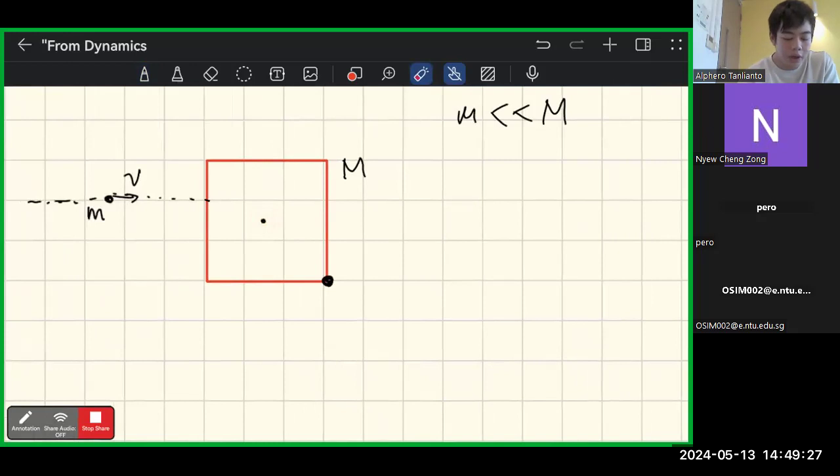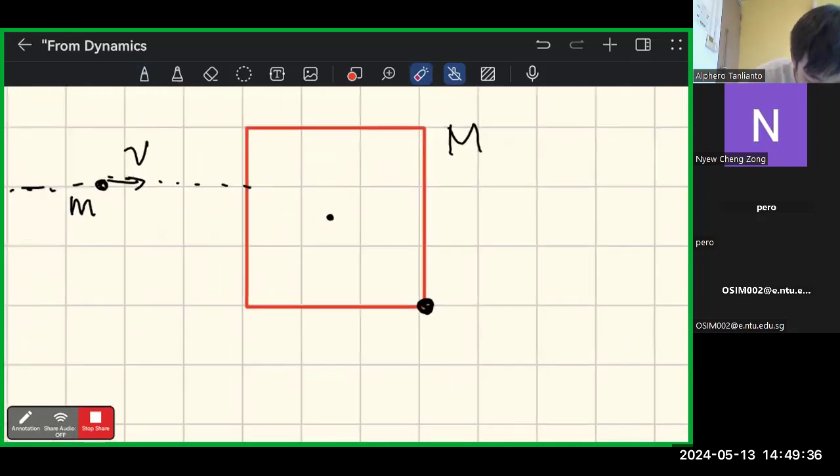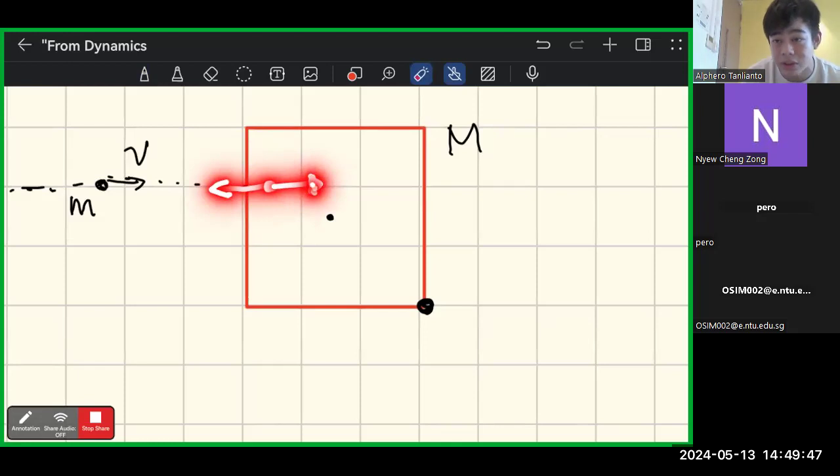Why? Because when the block is hit by a bullet, there will be force here and there. The block is giving force to the bullet, and the bullet is giving force to the block. According to Newton's third law, it's going to be the same because it's internal force.